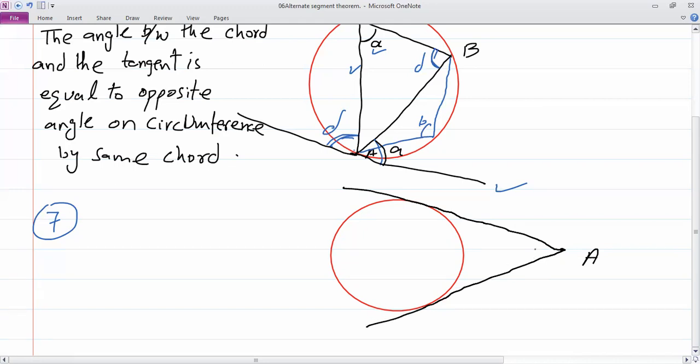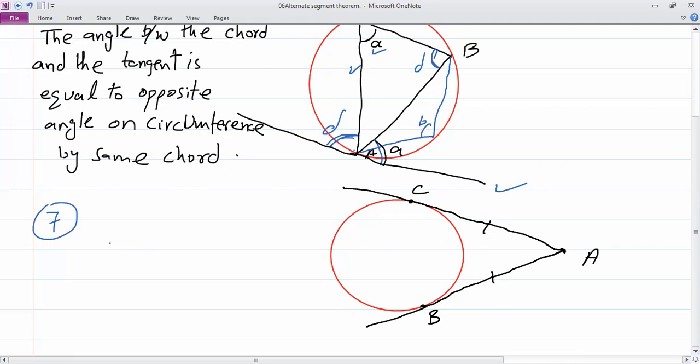From a point outside the circle, we can draw maximum two tangents. Let's say this is B, this is C. AB is a tangent, AC is also a tangent. If I draw the two tangents from a point outside the circle, then the distance AB and the distance AC will be equal.